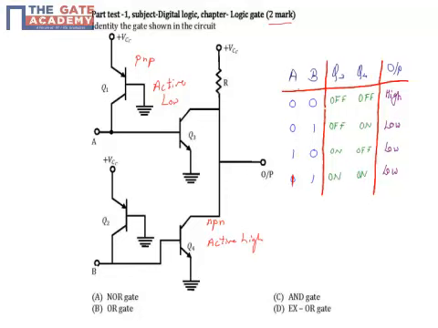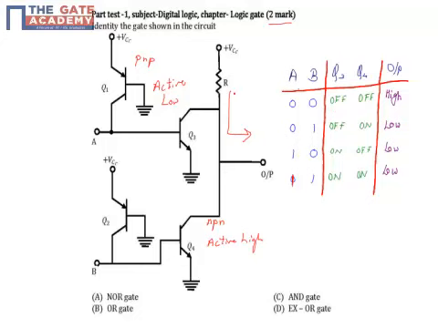Now let us see what our result is. If Q3 and Q4 are both off, then the complete VCC would travel through this R and go over here, so my output will be high. However, suppose Q4 is on whereas Q3 is off.